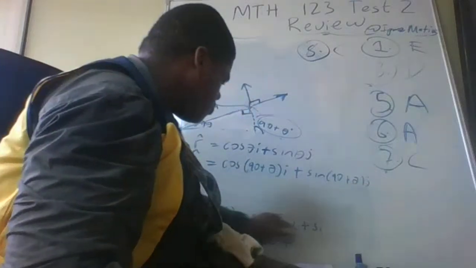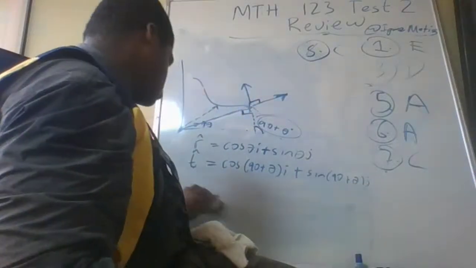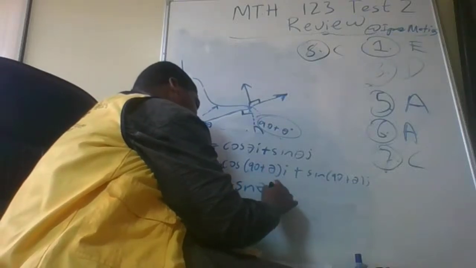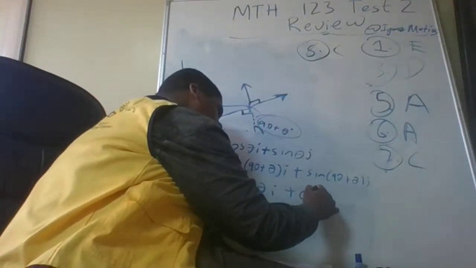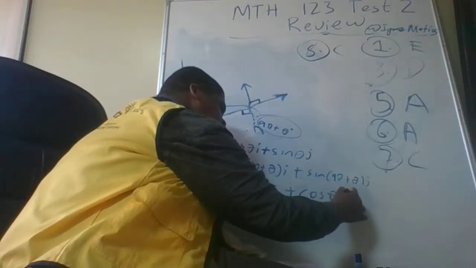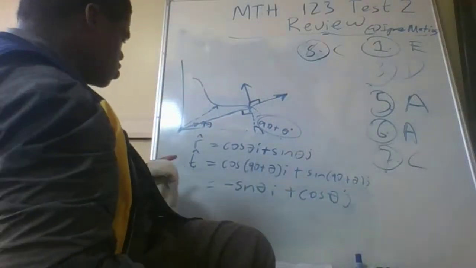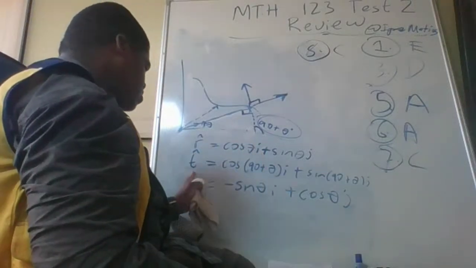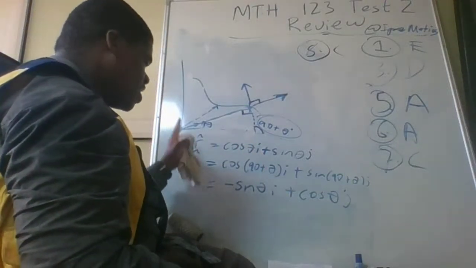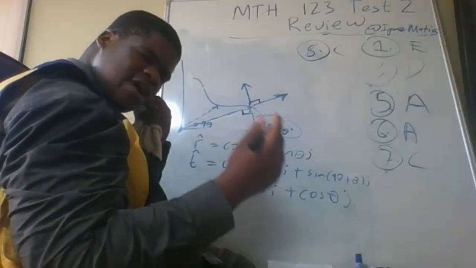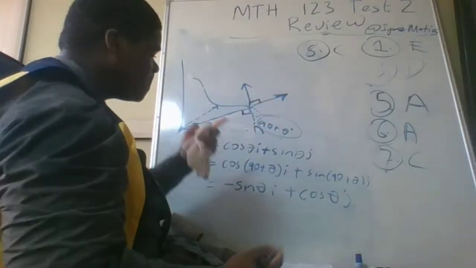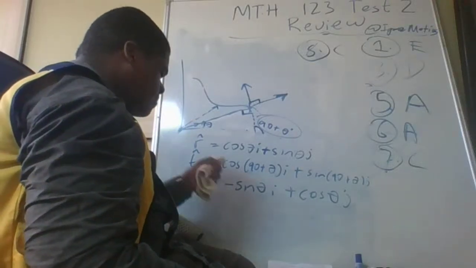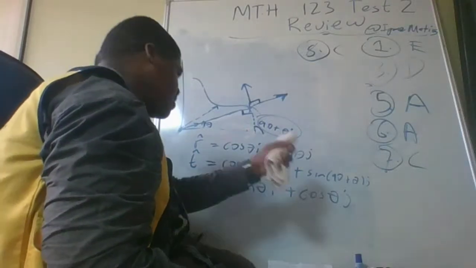So these are our transverse components, right? Is equal to minus sine theta i plus cos theta j. So our radial unit vector is equal to cos theta i plus sine theta j, and our transverse unit vector is equal to minus sine theta i plus cos theta j.